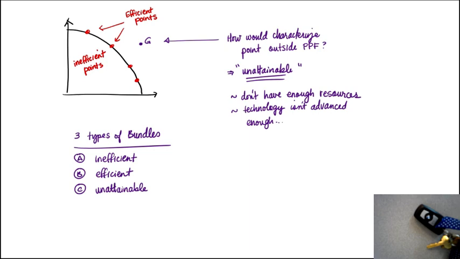All right. Everybody with me? So we have 3 kinds of bundles: inefficient, efficient, unattainable, given our current set of resources and technology.